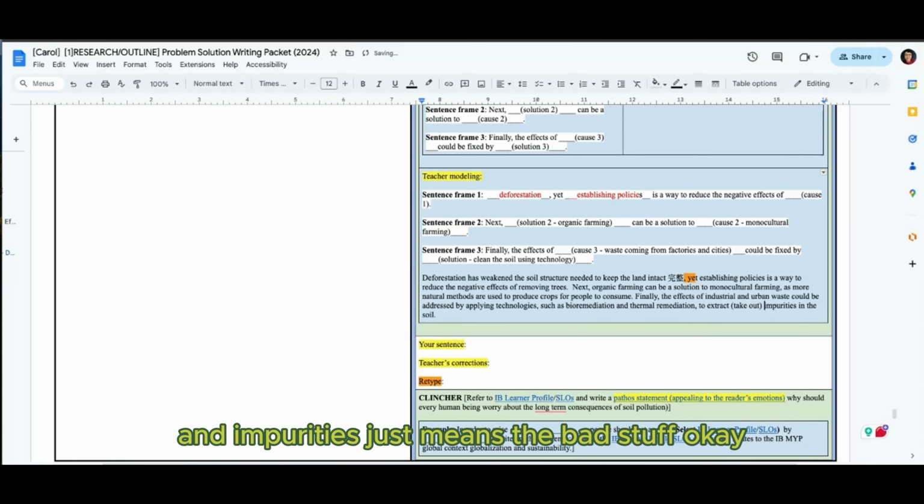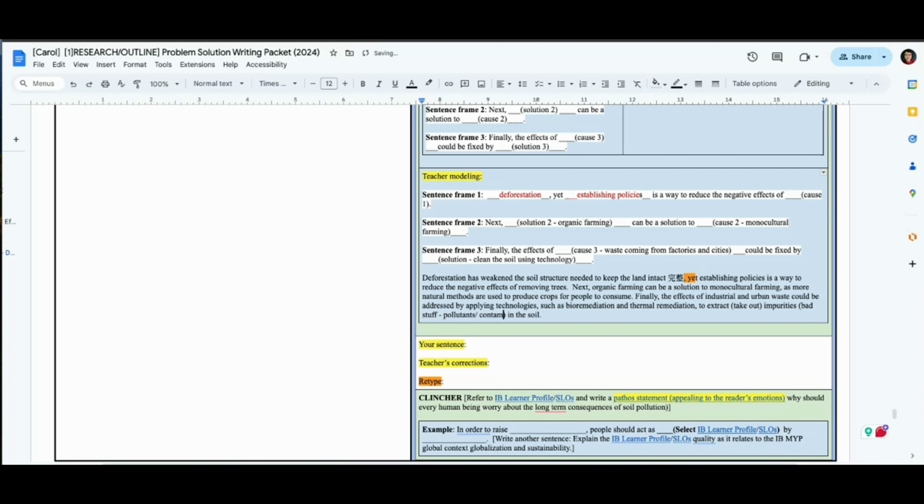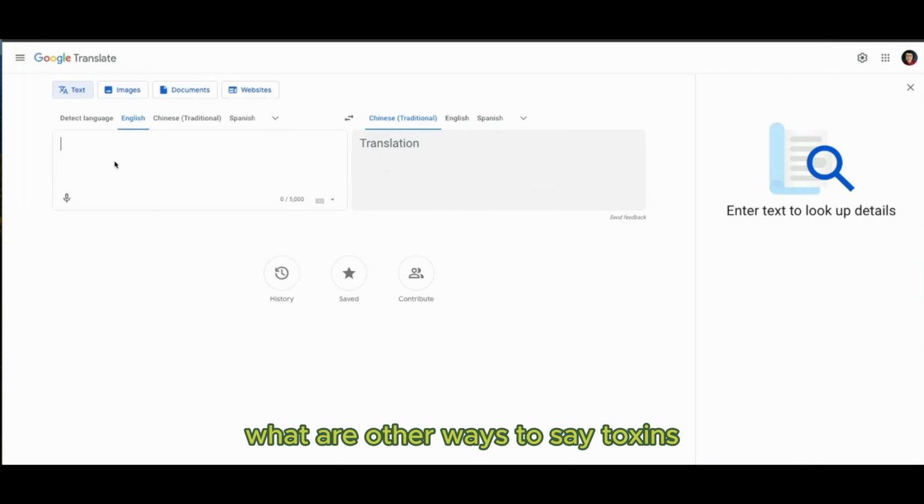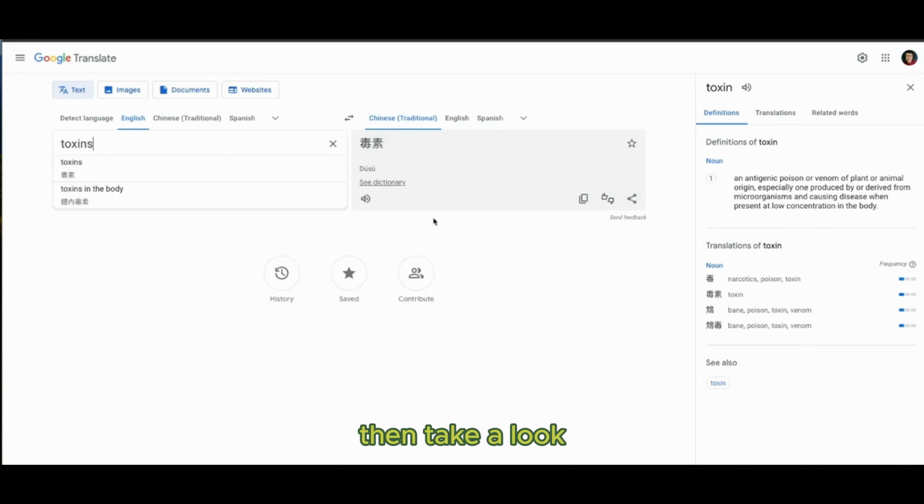and impurities just means the bad stuff. Okay. Another way to say bad stuff are pollutants, contaminants, toxins. All right, and then if you're wondering what are other ways to say toxins, then take a look.